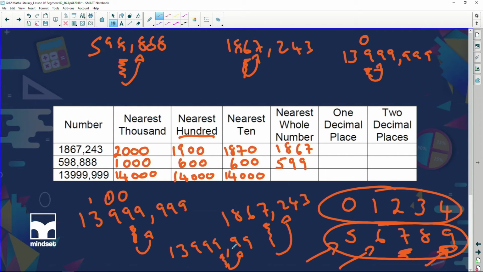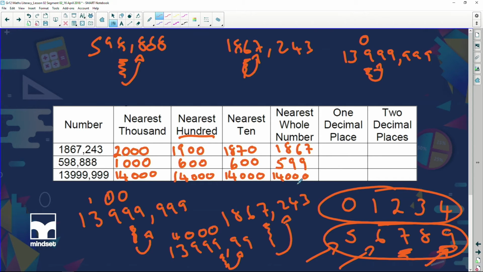So that 9 changes, and it changes to a 10. That number, though, because it's a 10, affects the next 9, makes it a 10. That number affects the next number, makes it a 10. And that number affects the next number and makes it a 4. So my answer is 14,000.